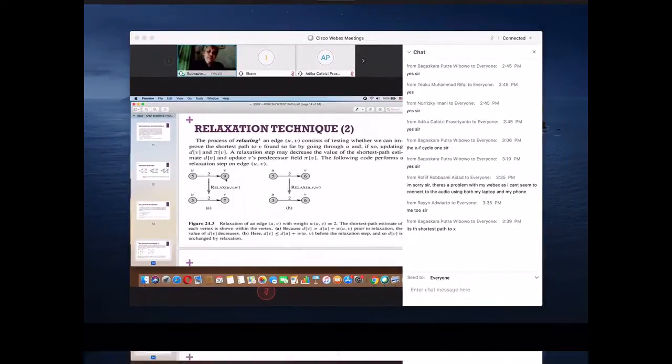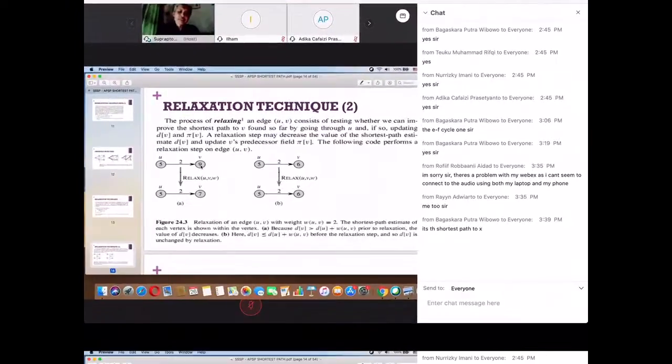And 7 is smaller than 9. That means this is the decreasing from 9 to 7. Is it obvious, everyone?